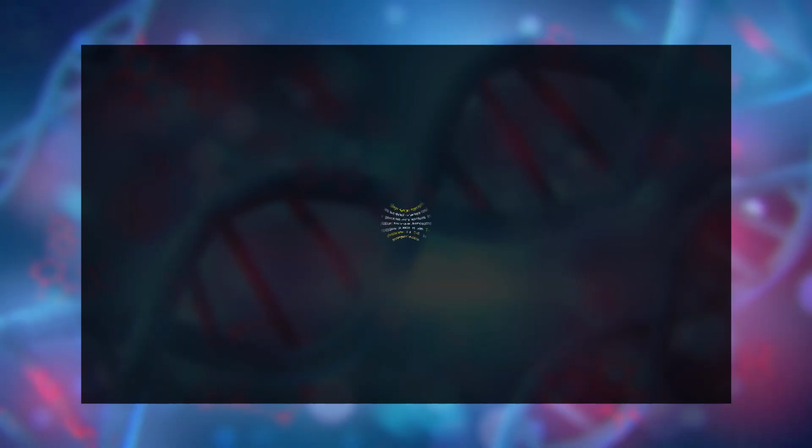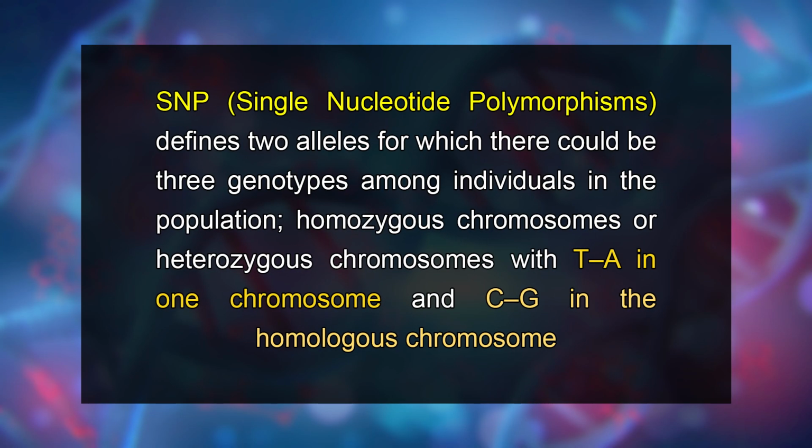This difference constitutes an SNP. The SNP defines two alleles for which there could be three genotypes among individuals in the population: homozygous chromosomes, or heterozygous chromosomes with TA in one chromosome and CG in the homologous chromosome.